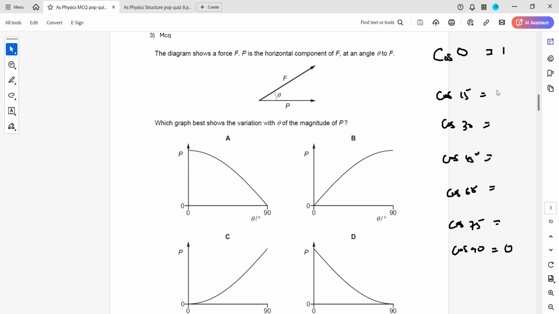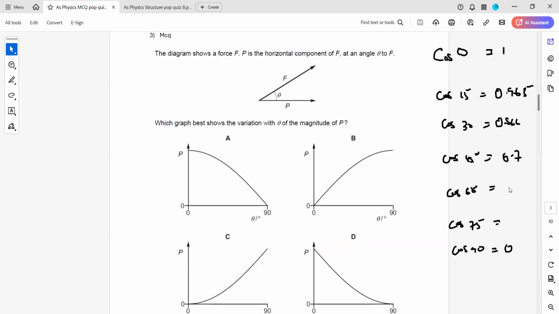Cosine 15 is 0.965. What is cosine 30? 0.866. What is cosine 45? 0.7.